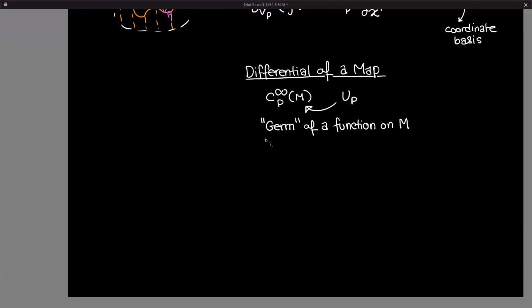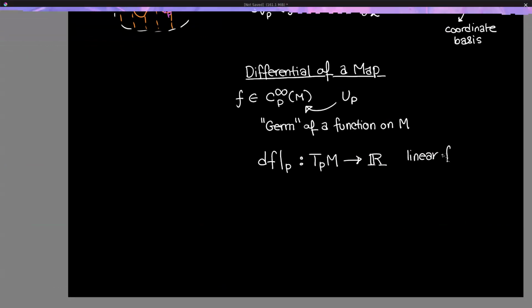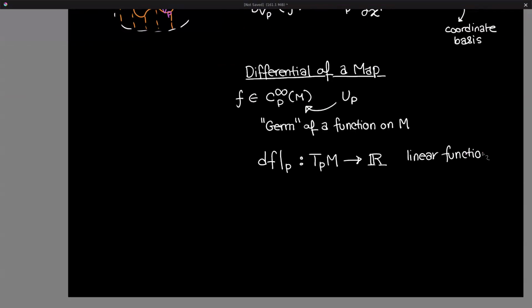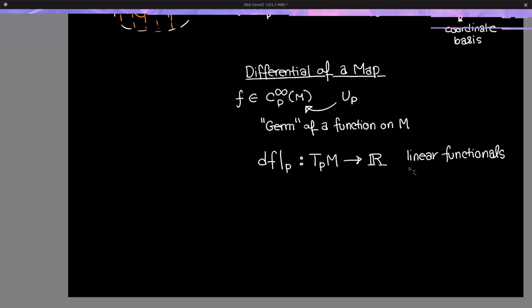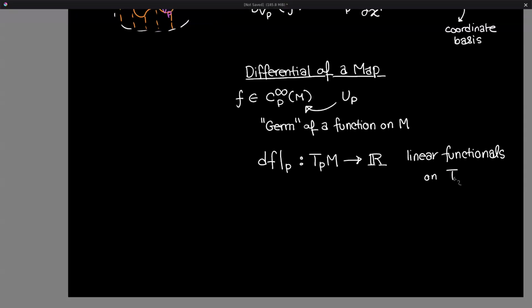But the differential, let's say f is an element of here. Then df_p is a map that goes from T_P M to the real numbers. So it's an element of the linear functionals on T_P M, the real linear functionals.